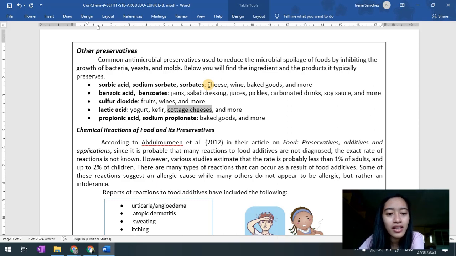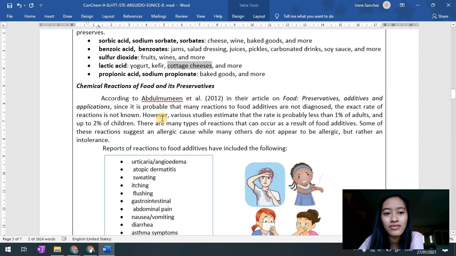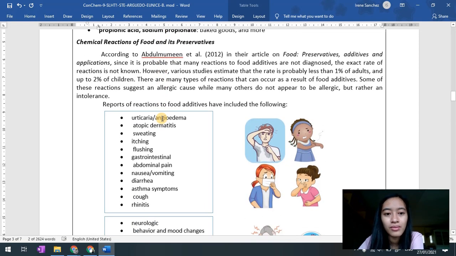Okay, chemical reaction of food and its preservatives. What is that chemical reaction? According to Abdul Mumin et al., 2012, in the article Food Preservatives, Additives, and Applications, since it's probable that many reactions to food additives are not diagnosed, the exact rate of reactions is not known.